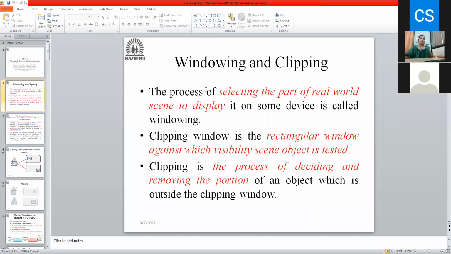We saw with the example, windowing is nothing but the process of selecting part of a real world scene to display it on some device.